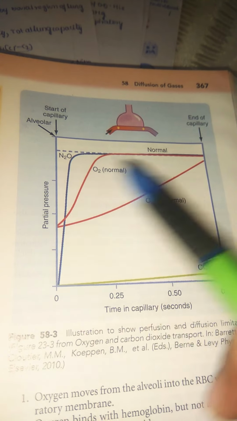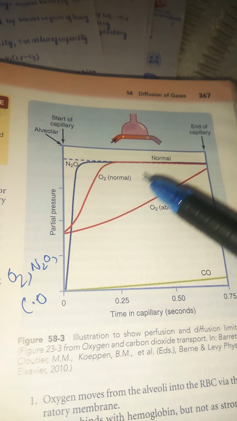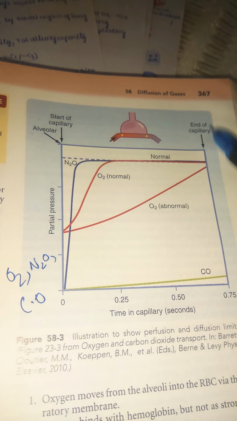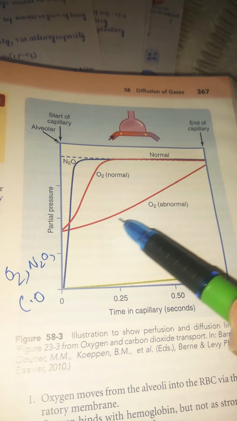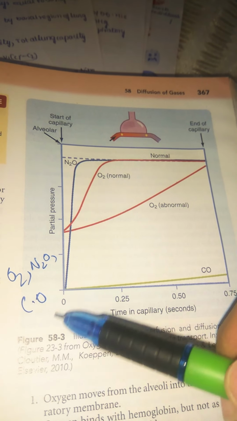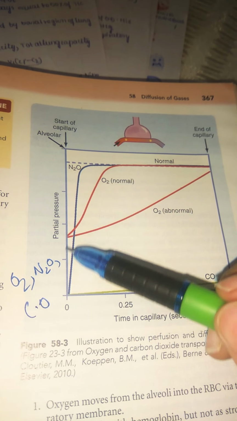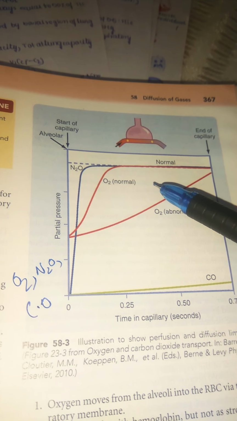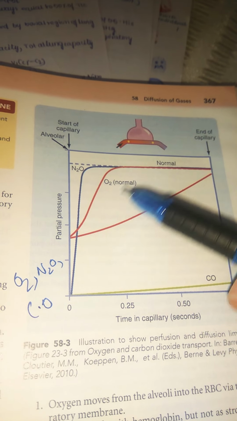Here you can compare oxygen, nitric oxide and carbon monoxide. You can see normal oxygen increases with time, but it becomes steady even before the end of the capillary. In the abnormal case, oxygen increases rapidly. For nitric oxide, you can see it increases at the start of the capillary, but in the middle and end it is flat, because nitric oxide doesn't bind, it gets dissolved.